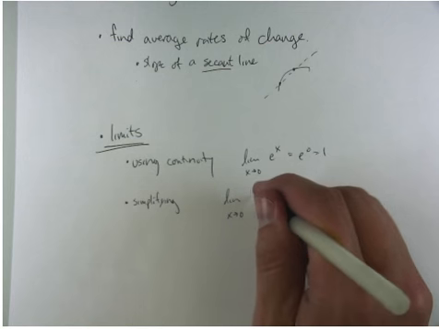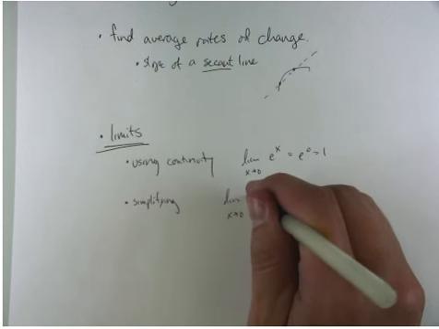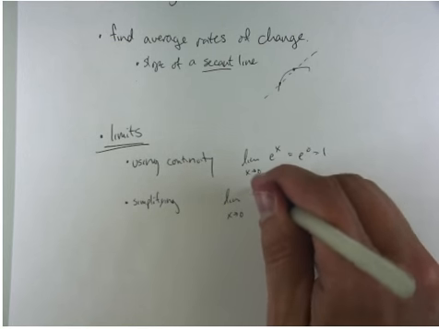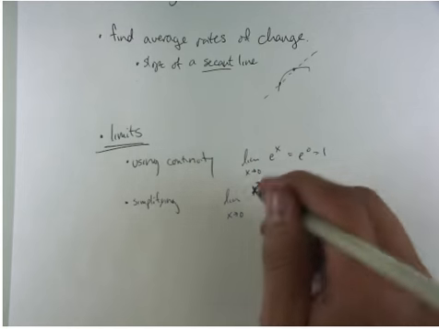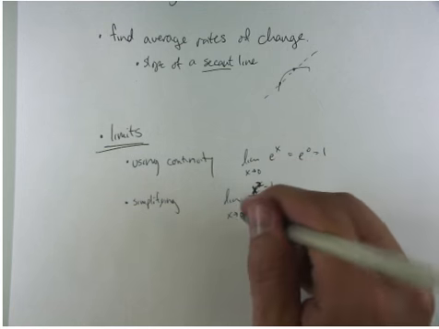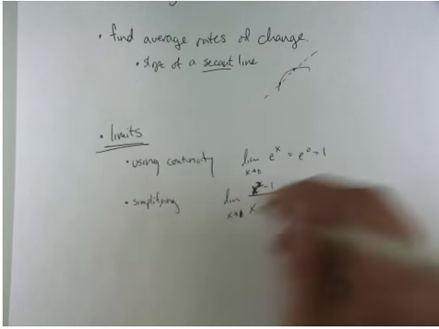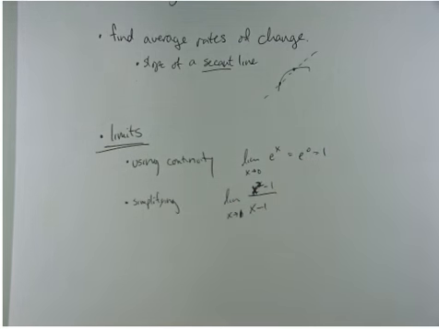This is a bad example. I was going to try to keep it in a family, but let's not. So, the limit as x approaches 1 of x squared minus 1 over x minus 1.